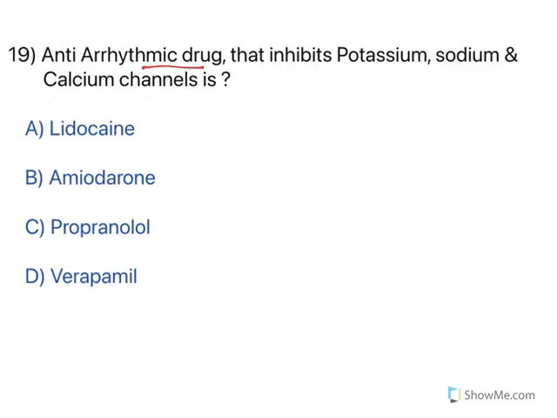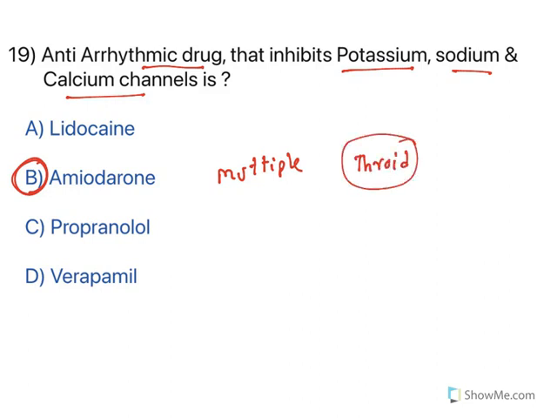An antiarrhythmic drug that inhibits potassium, sodium channels and calcium channels is. So this is Amiodarone. This is a very notorious drug. It has multiple side effects. In fact, the structure very much resembles the thyroid hormone, so it has thyroid kind of side effects and a lot of side effects because of this multiple channel activity. Remember this, specificity is important to avoid adverse effects.